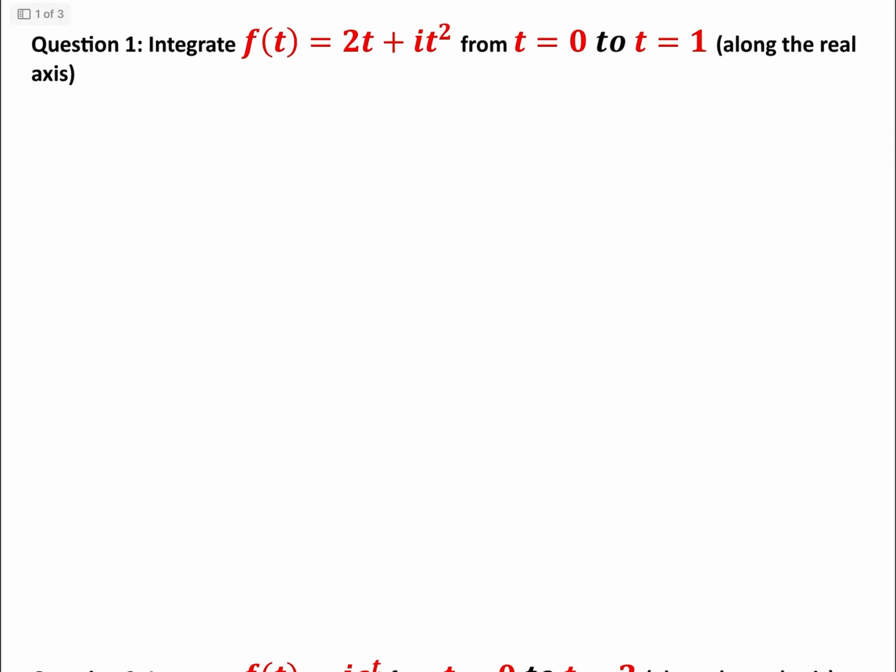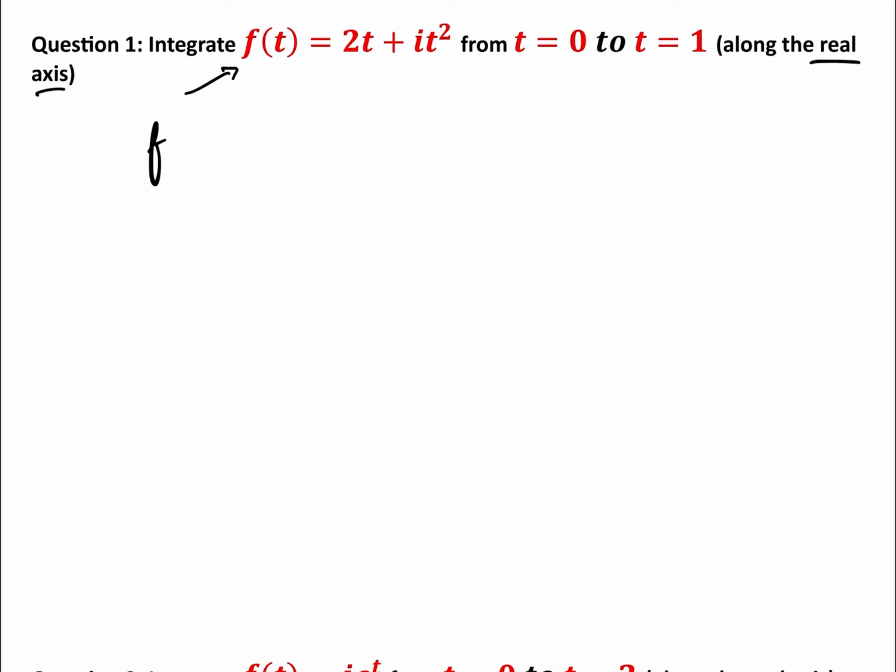Here's the first one. Just pause the video if you want to have a go. Okay, so we've got f of t is equal to 2t add i t squared, so it's complex, from t equals 0 to t equals 1 along the real axis, so t is real.